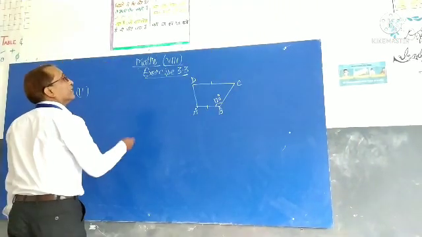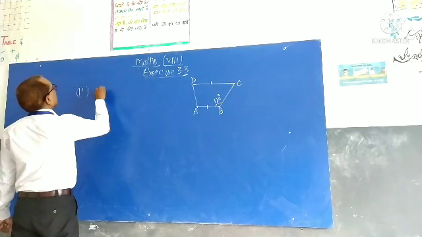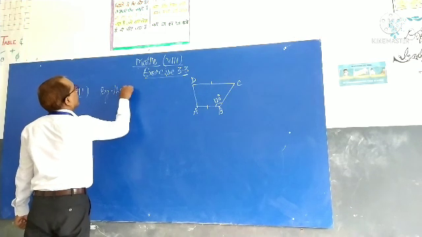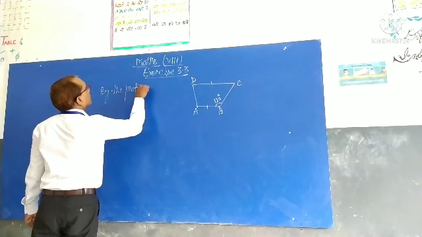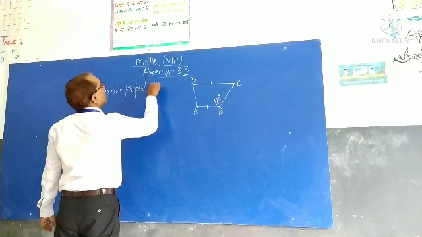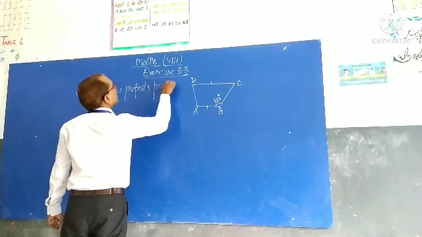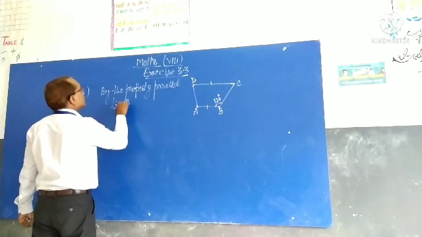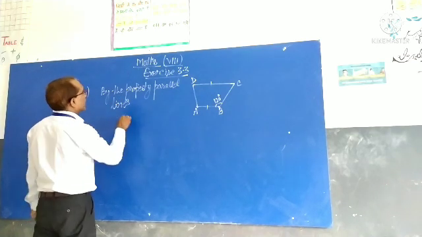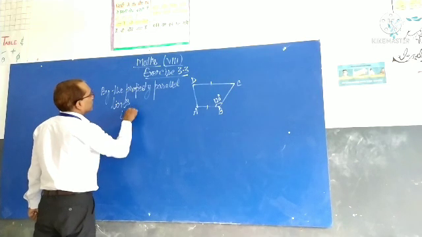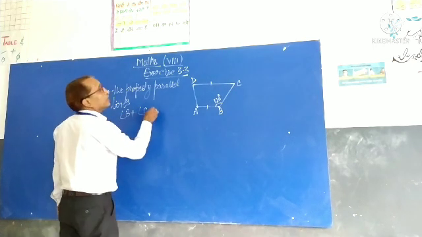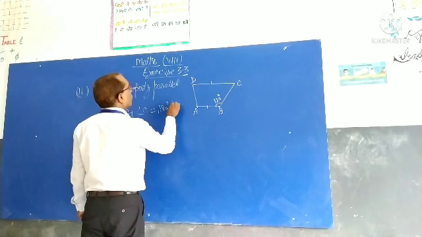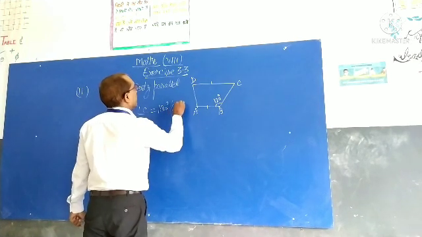We can write here by the property of parallel lines, angle B plus angle C is equal to 180 degree, co-interior angle.